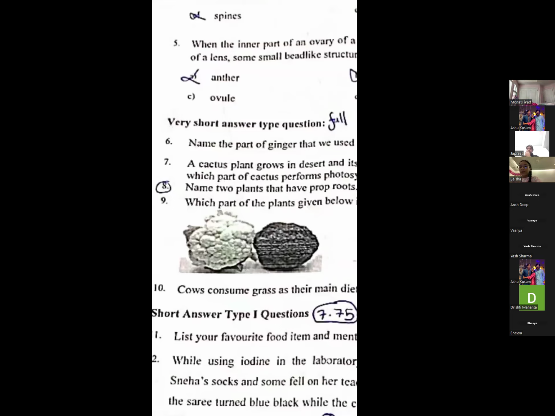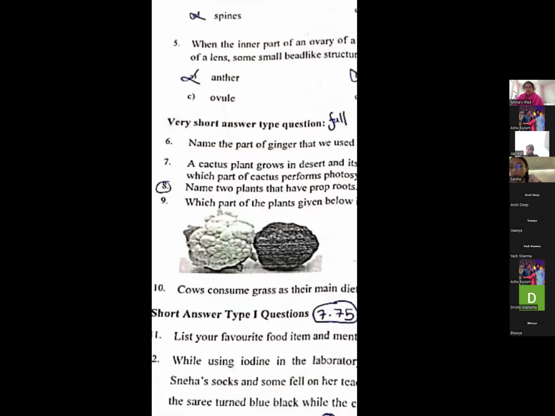Broccoli, we eat the flower and the stem. Some people also eat leaves, but basically, flower we take, the stem also we take, right?